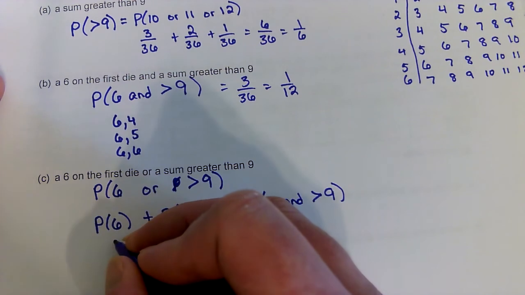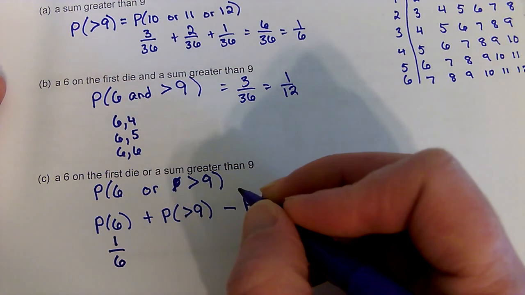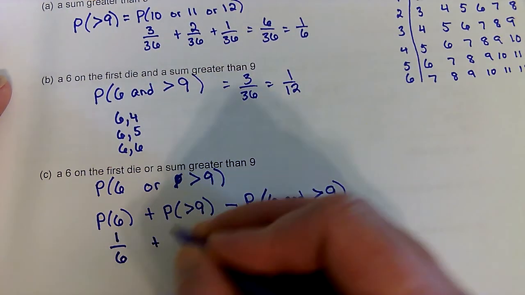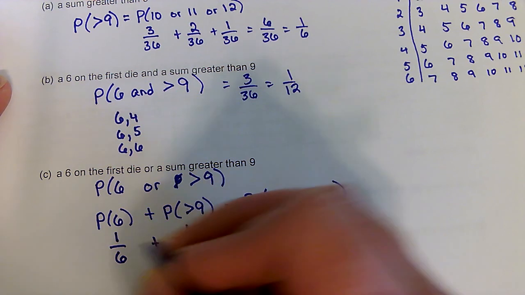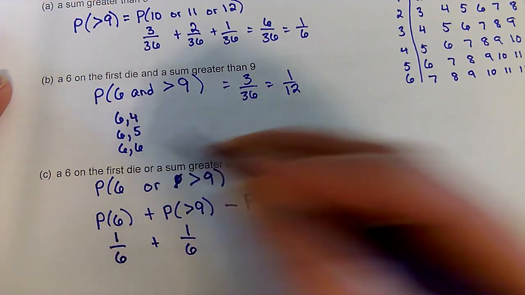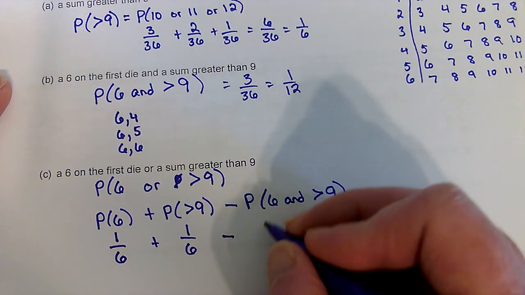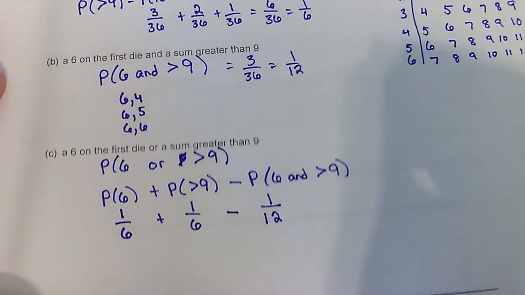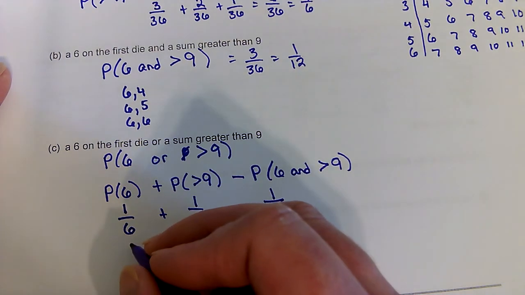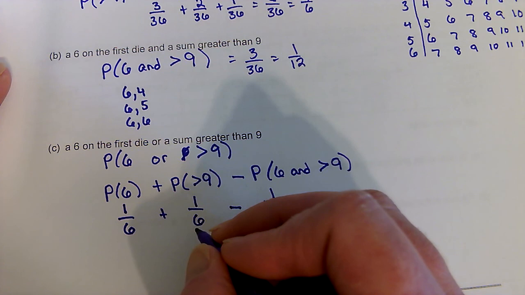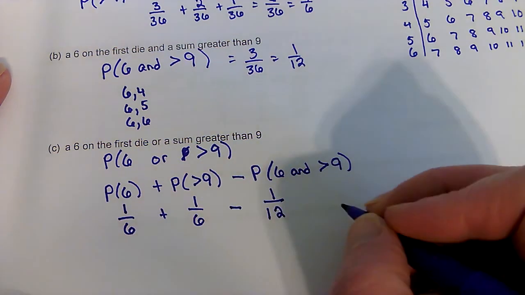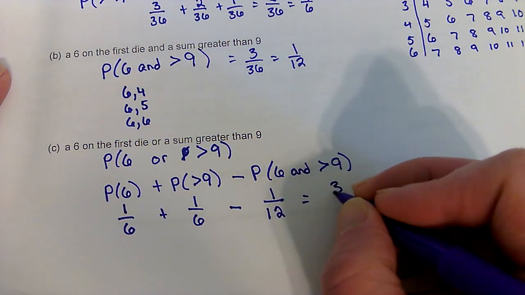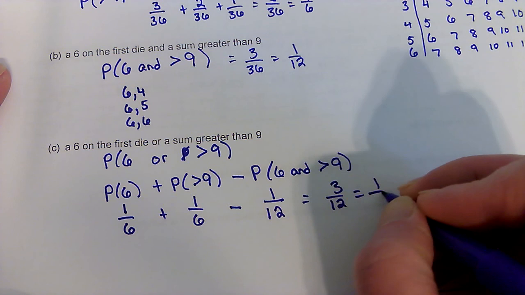There's only 6 ways to do that. Sorry. So that's 1 out of 6. Then the probability of getting greater than 9 was 1 out of 6. I keep mistaking that. I forget about this first die business. Minus the overlap, which was 1/12. So this would be 2/12 and 2/12. That's 4/12. Minus 1/12 is 3/12, or 1/4.